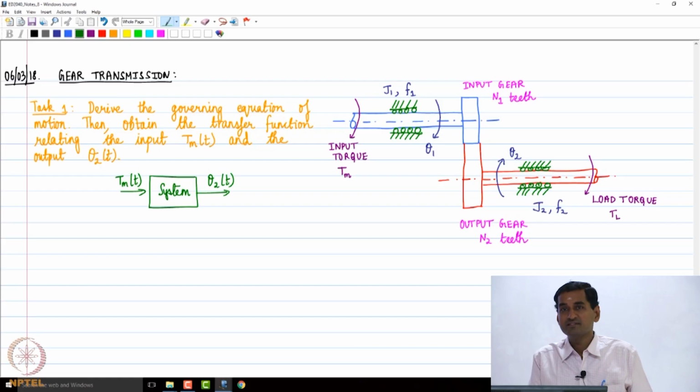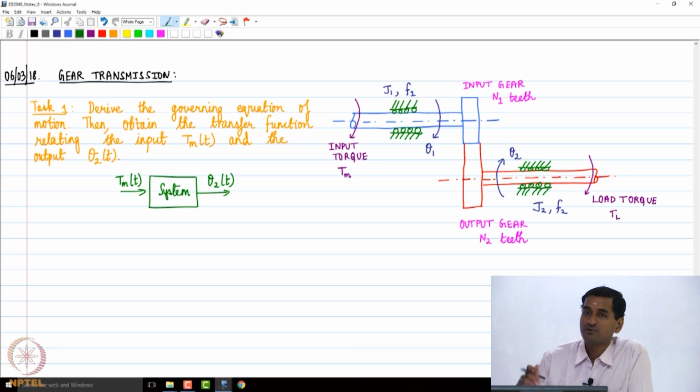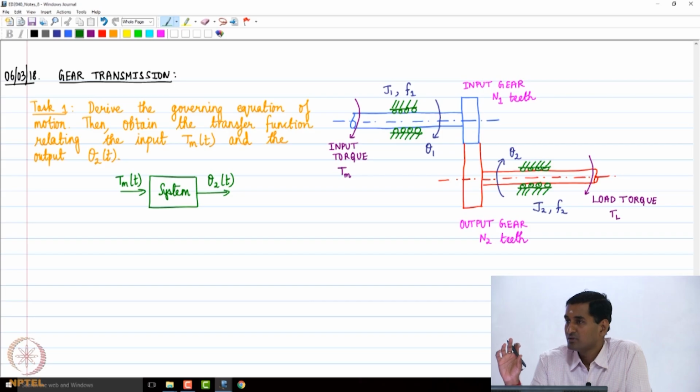That is the visualization. Of course, this is because ultimately we are going to look at position control. Let's say I want to control the angular displacement of the output shaft. How do I do that?